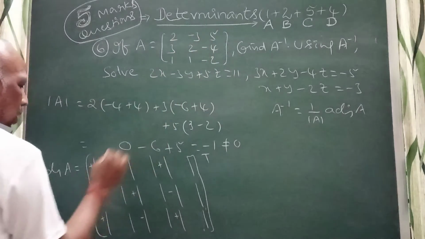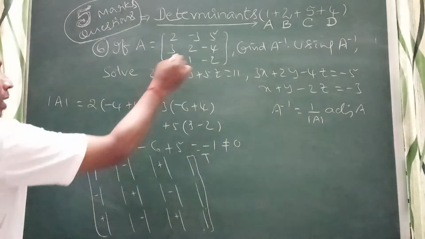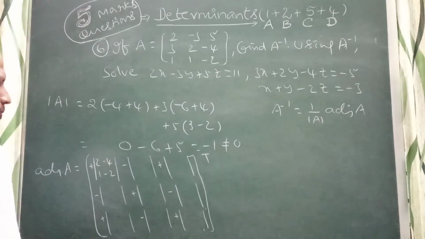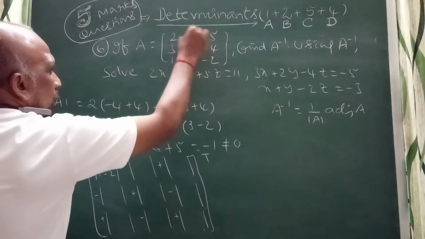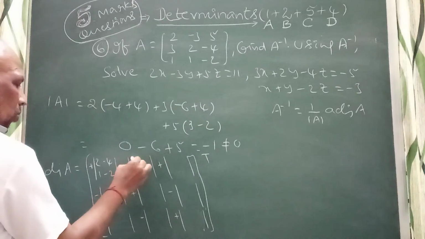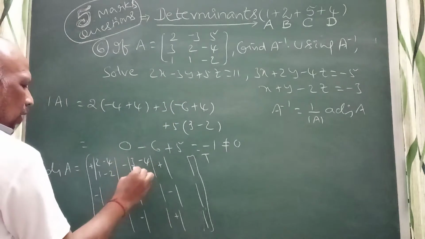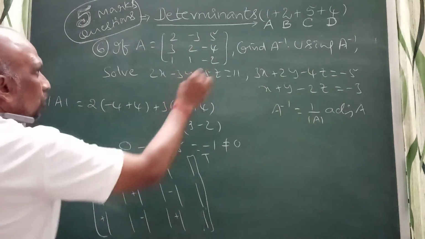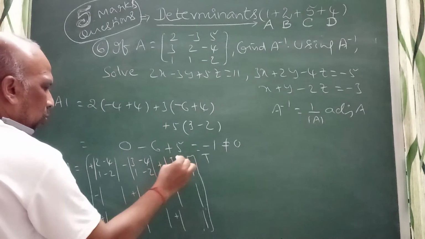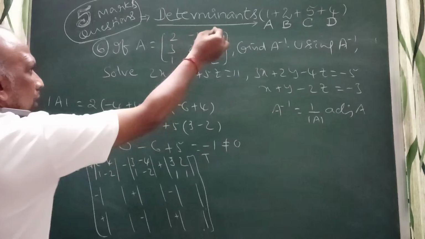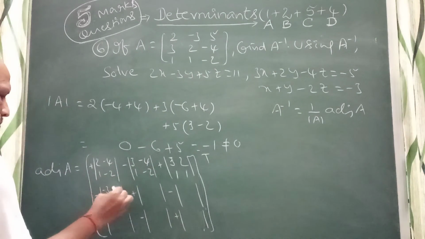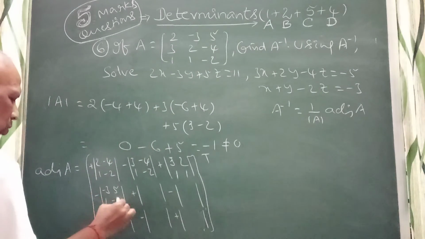Leave this row and this column, you will get 2 minus 4, 1 minus 2. Cut this one. Leave this row and this column, 3 minus 4, 1 minus 2. Leave this row and this column, 3, 2, 1, 1. Correct. Again this row and this one, minus 3, 5, 1 minus 2.